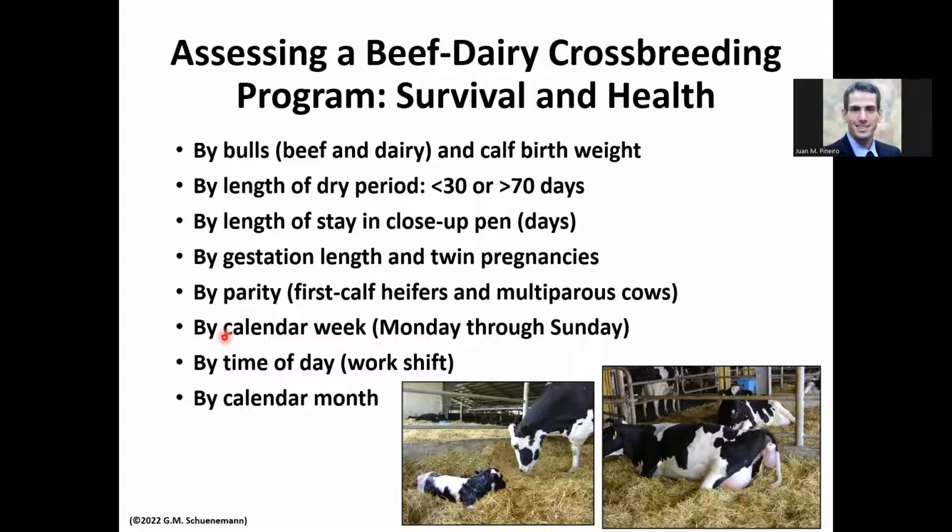By calendar week, the most important thing when we look at it is, because this is an association with how things are done on a farm, right? You have the summer effect, you have spring, all the season effects, right? But the calendar week gives me an idea if there is some redundancy of things.